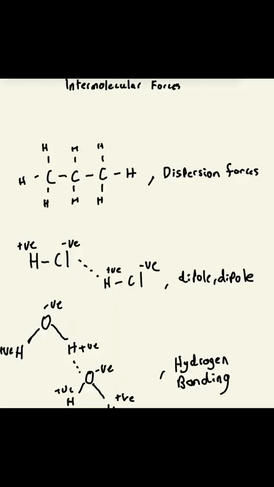Now, we've also got dipole-dipole interactions. So this is when there's a permanent positive and a permanent negative end of a molecule. So we can look at HCl here. All right.